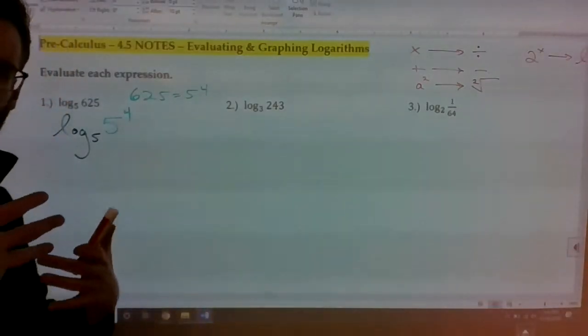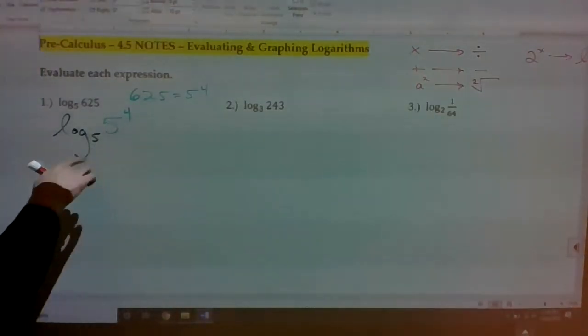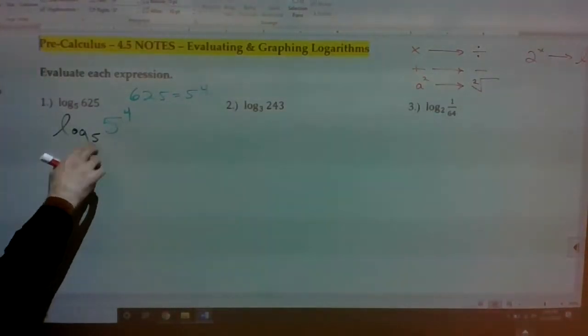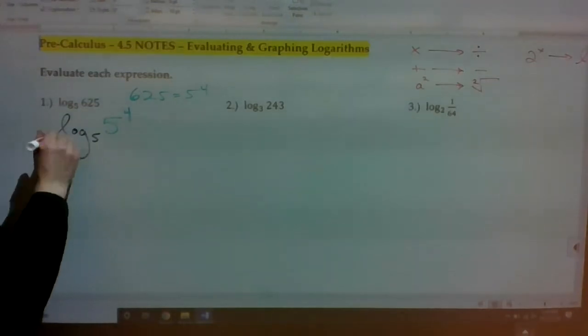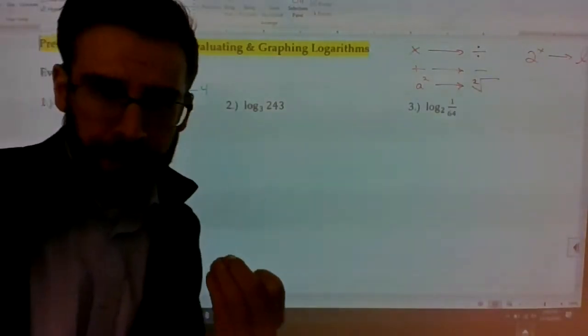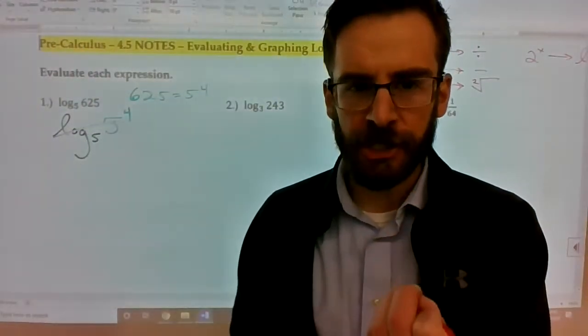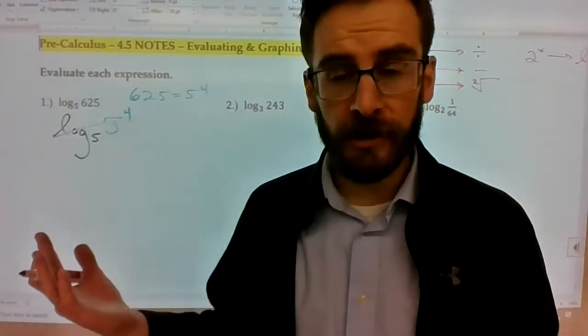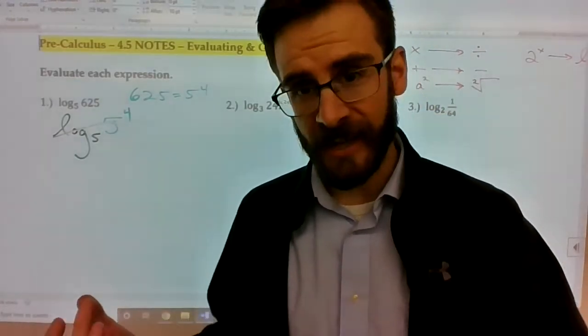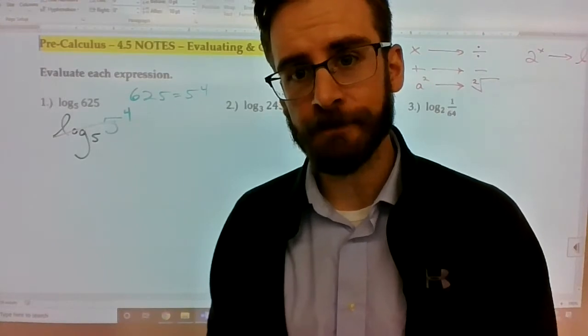So here's one way in which to think about it. The log base 5 and the exponent base 5, they are inverses of one another and they cancel each other out. And then all you're left with is the exponent 4, and that's what log base 5 of 625 is. It equals 4.